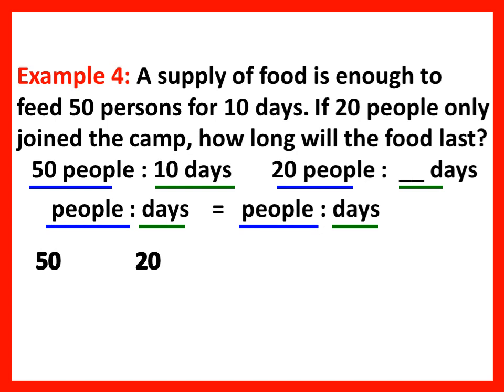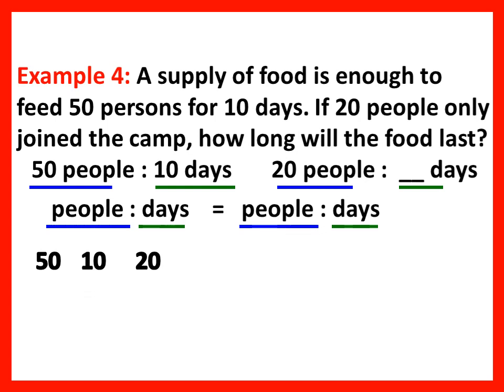But if there are only 20 people, what will happen? Will the food last longer than 10 days or shorter than 10 days? Of course, that will become longer than 10 days because the number of persons decreases. From 50 becomes 20, that is decreasing.